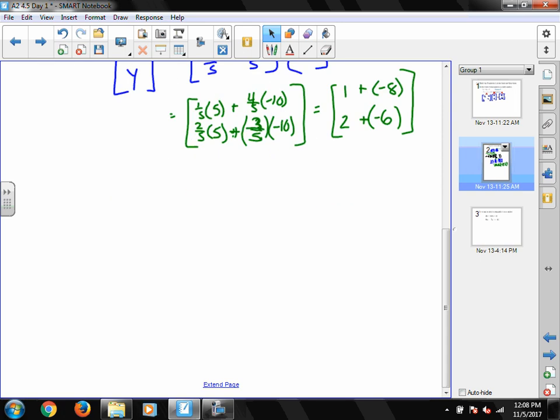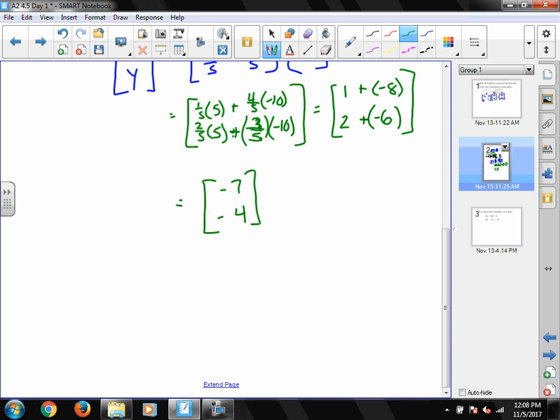So when I simplify this down, I get the matrix of 1 plus negative 8 is going to give me negative 7. 2 plus negative 6 is going to give me a negative 4. And since this was still on the left side, my xy is equal to that.